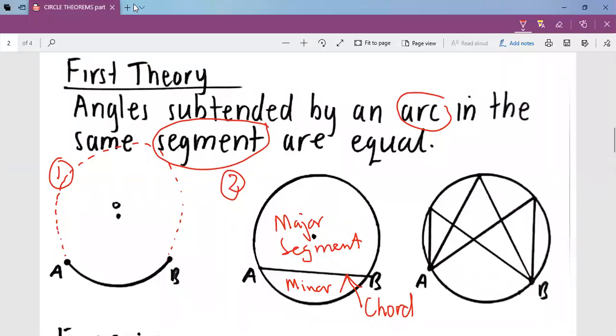Now let's go back to the theory. Angles subtended by an arc in the same segment are equal. Now, we go to number 3 to explain the law. If you have two points A and B, these two points can form angles at the circumference. Watch this arrow.